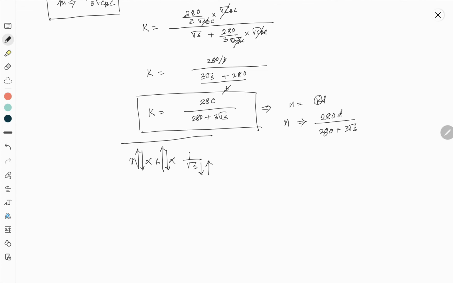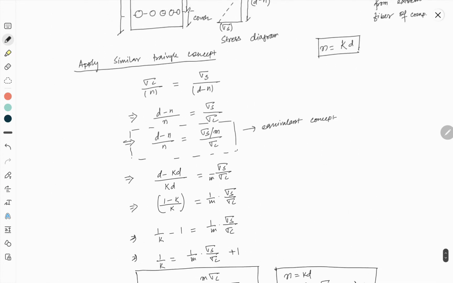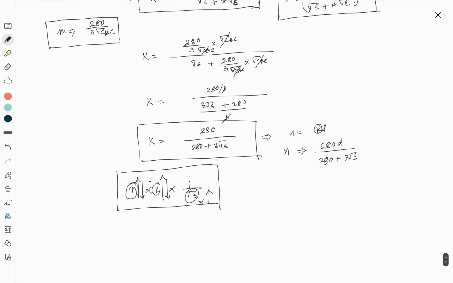So this is a beautiful correlation between n, k as well as sigma s. Hope this is clear to you. While I am going very slow, but if you want, you can play this video at 1.2 to 1.5x.